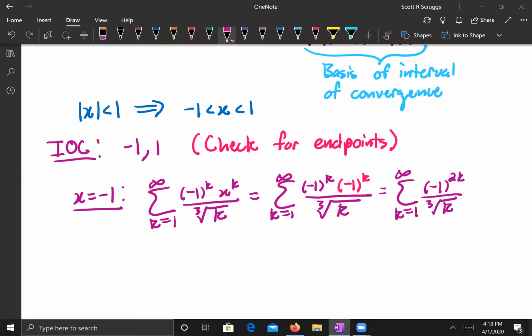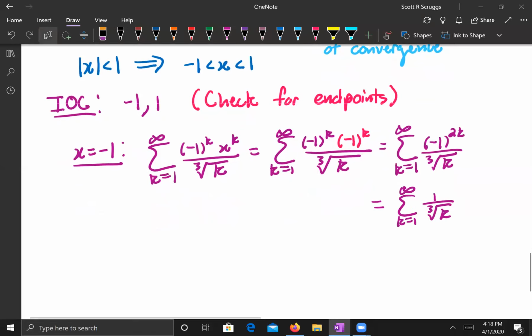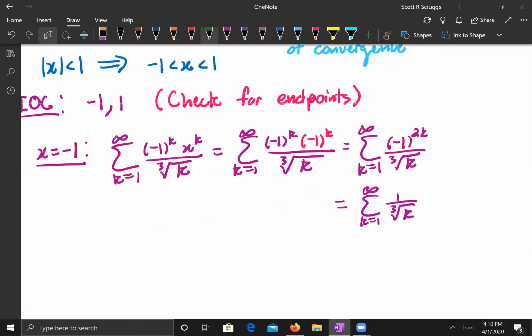And because it's always going to be an even power, a negative number raised to an even power will get rid of the negative sign. So I'm now left with 1 over the cube root of k. And now we have to check for convergence or divergence of this series.